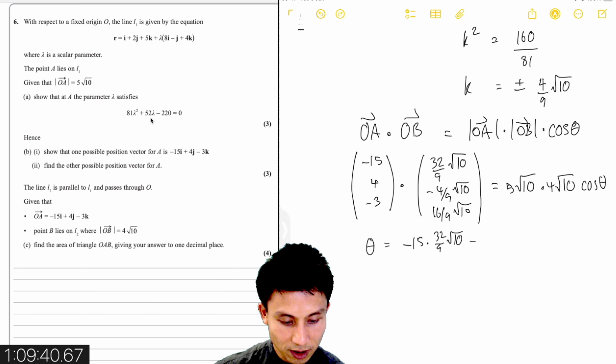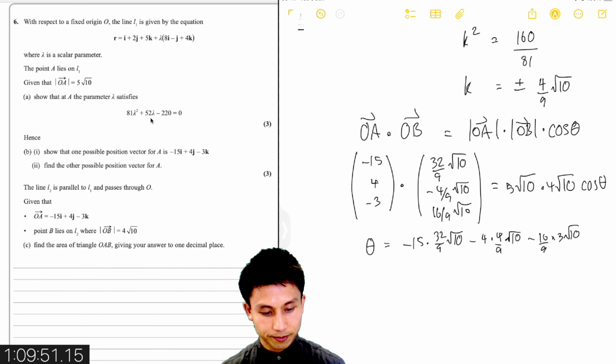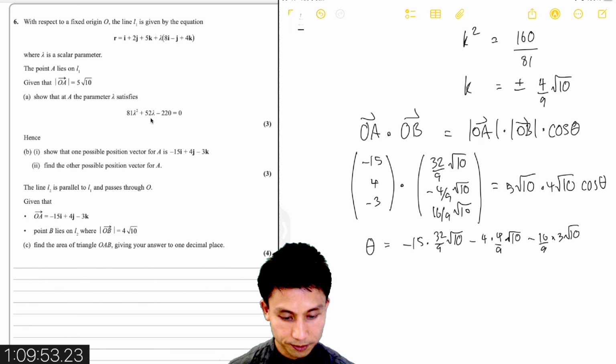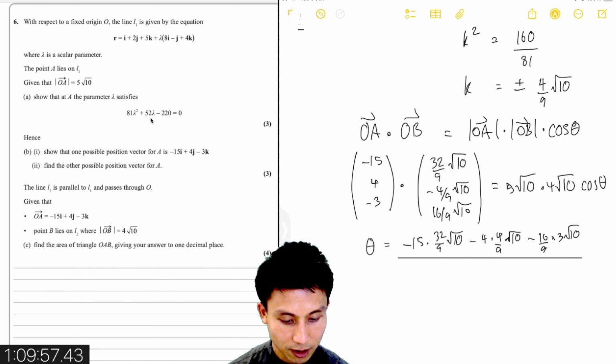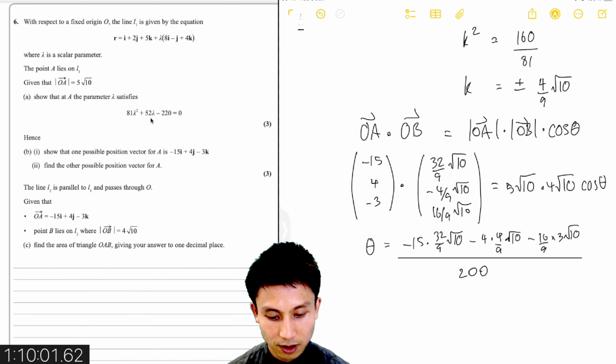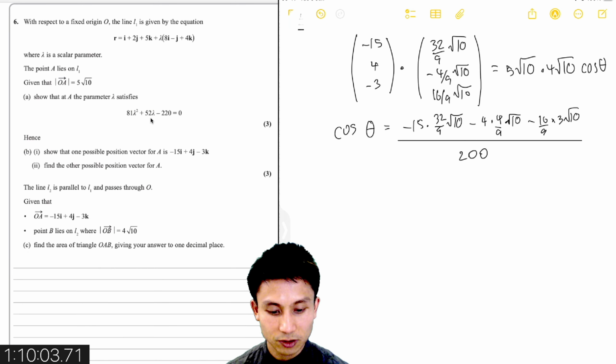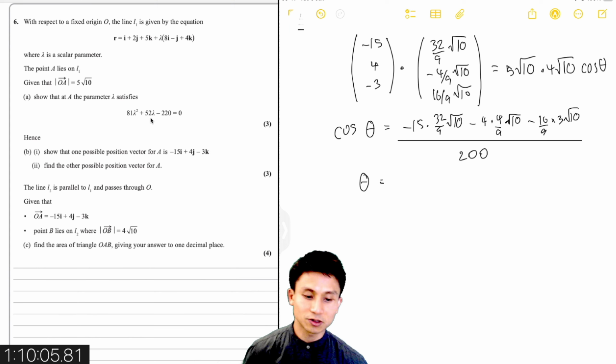And that is also another minus, and also another minus. So this seems to be an obtuse angle. Divided by, so that is 20 times 10 is 200. That's cos theta. So theta is just arc cos of the whole thing.